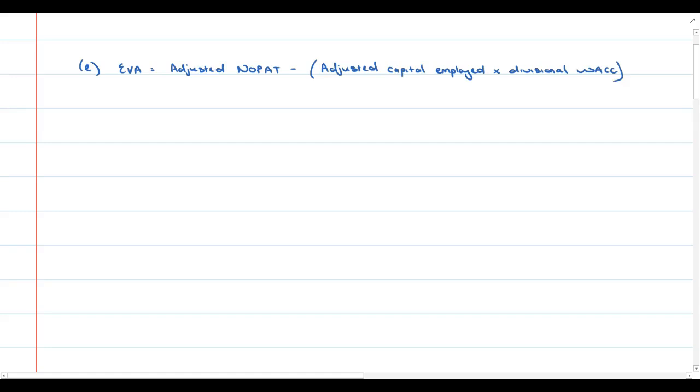We calculate EVA by taking the adjusted net operating profit after tax and deducting the adjusted capital employed multiplied by the divisional WACC. So the first calculation we are going to look at is adjusted net operating profit after tax.